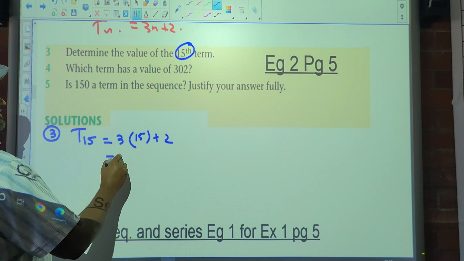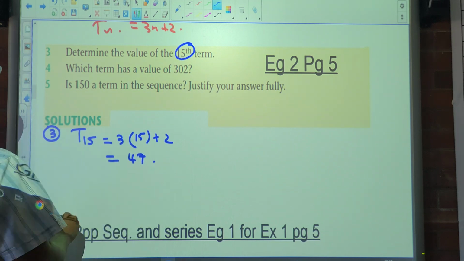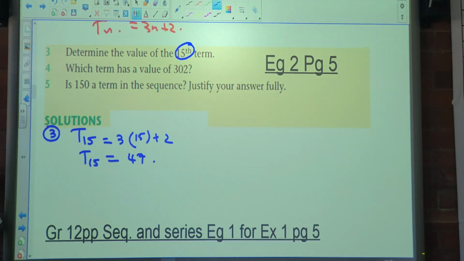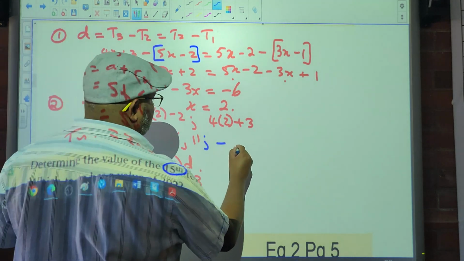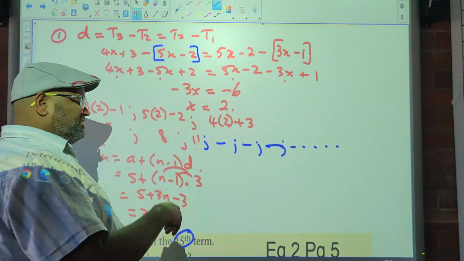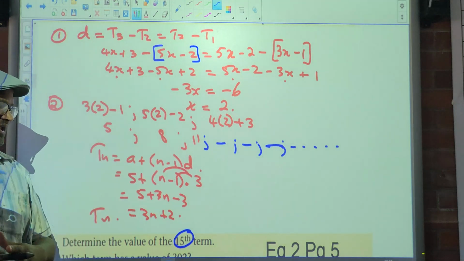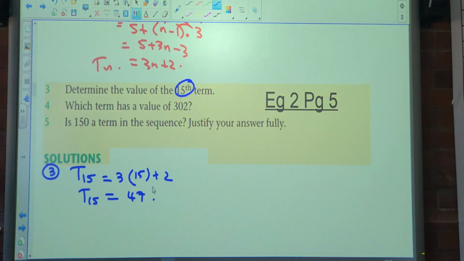What's 3 times 15? 45. 45 plus 2? 47. So that means the 15th term of the sequence is equal to 47. Makes sense?